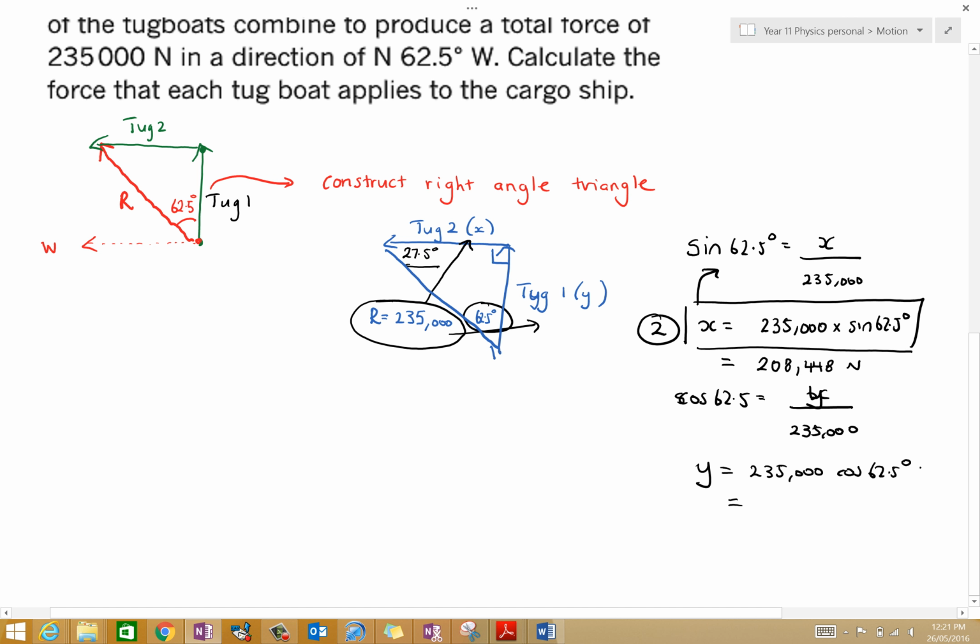The y component should be less. 511 newtons. So what we've done is broken down those two forces into the horizontal and vertical components which make up that resultant force.